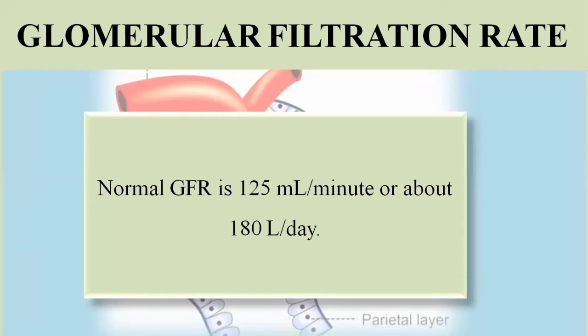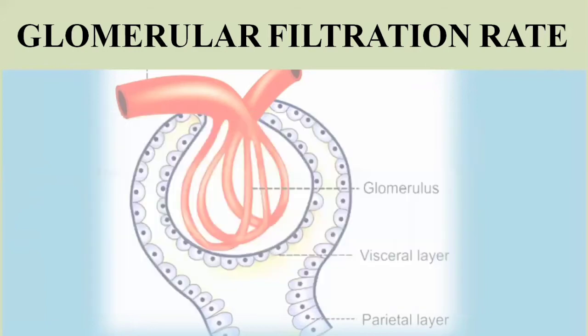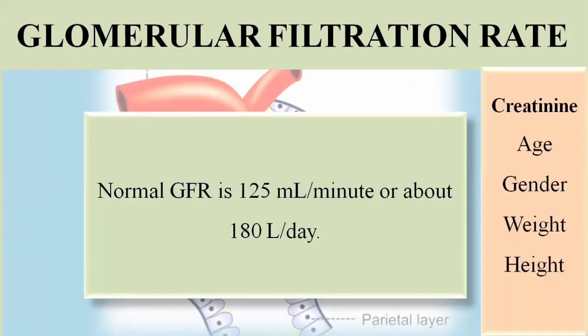So it can be used as an assessment tool to detect the functions of the kidney. There are certain parameters required in the formula to find out the GFR. So what are these parameters? These parameters are, there is the creatinine.